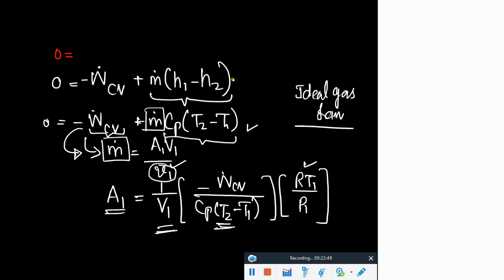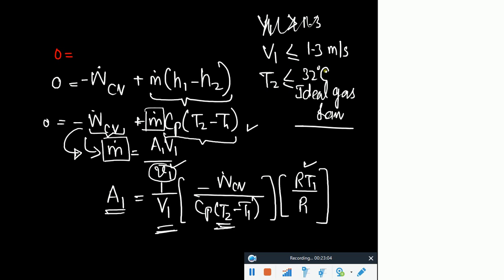But my point is, it said that V1 cannot exceed 1.3. So it means for this question, V1 needs to be less than 1.3 meter per second. And T2 needs to be less than 32 degrees centigrade. And you were asked about the minimum area.